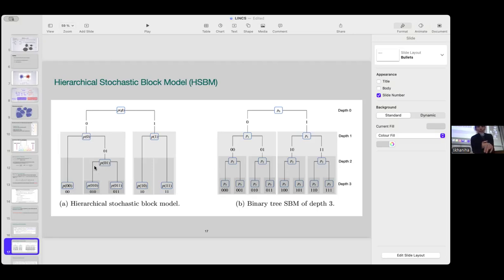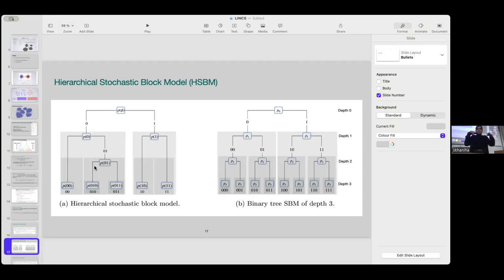Why? Because we want to have a hierarchy. When two nodes are in the lower levels of the tree, it shows that they are merging sooner, so they are more related to each other. So the probability that they connect to each other should be higher. For each two nodes, we look at the first time that they meet each other, and based on that, we define a probability that they connect.